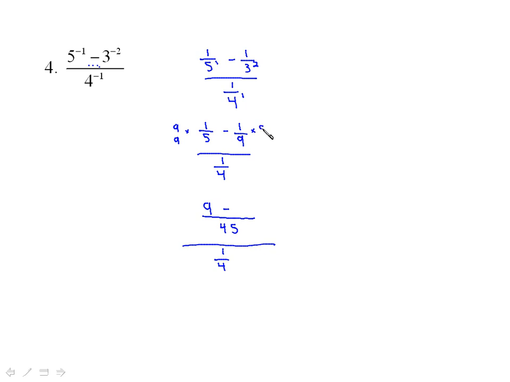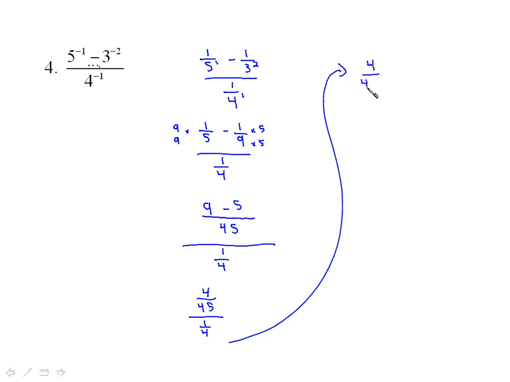And in this case, multiply by 5 over 5. So that's 5 over 45. So that's 4 over 45 over 1 over 4. So 4 over 45 divided by 1 over 4 is multiplied by the reciprocal, 4 over 1. So that gives us 16 over 45. And then we're done.